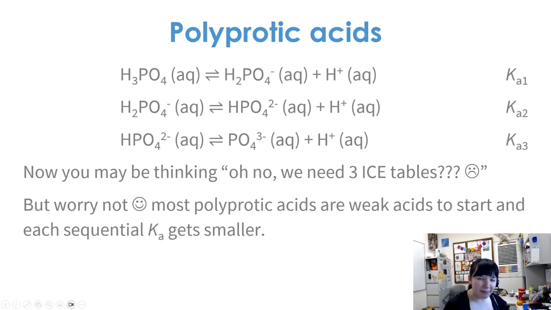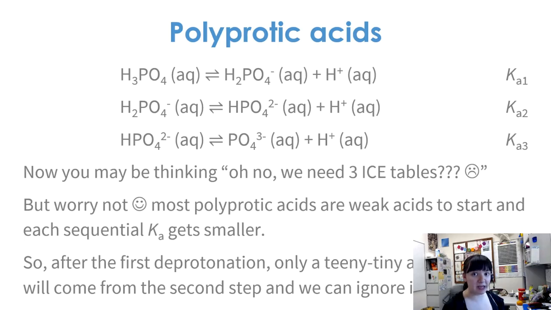The nice thing about polyprotic acids is that all the different K constants tend to get smaller as we go further. So for instance, Ka1 is going to be larger than Ka2, and Ka2 is larger than Ka3. And so with every sequential step, the dissociation just becomes less and less.